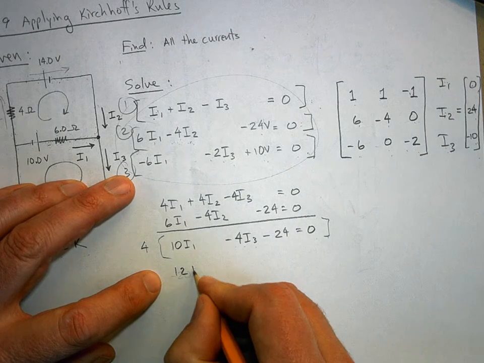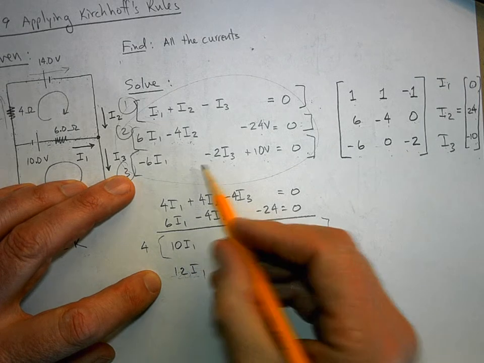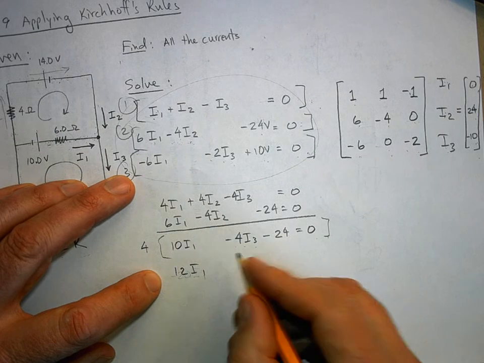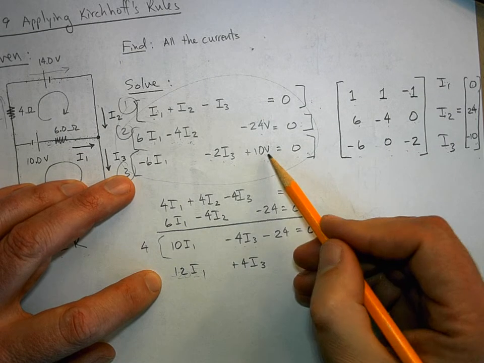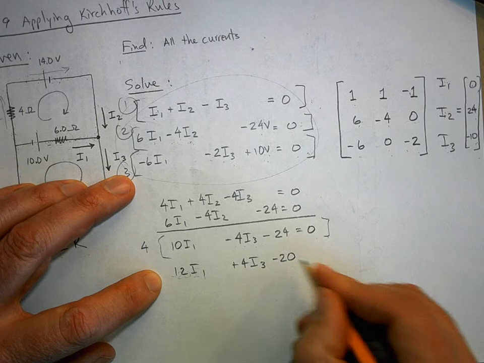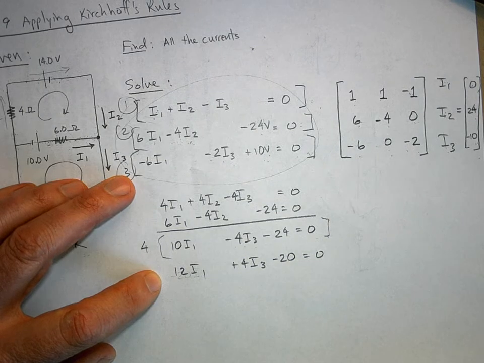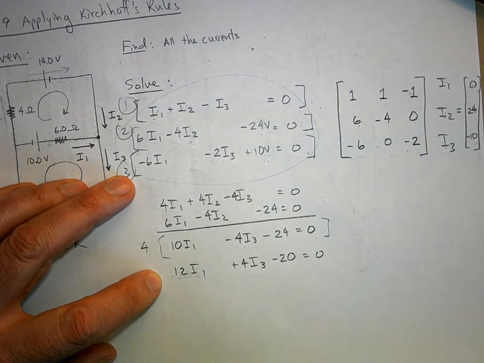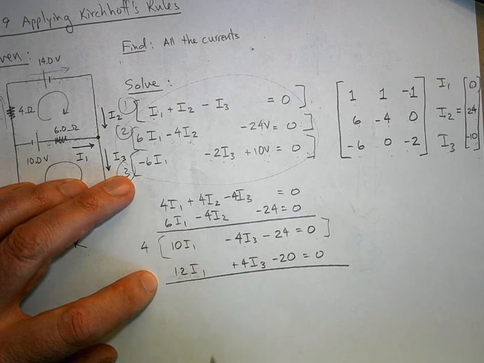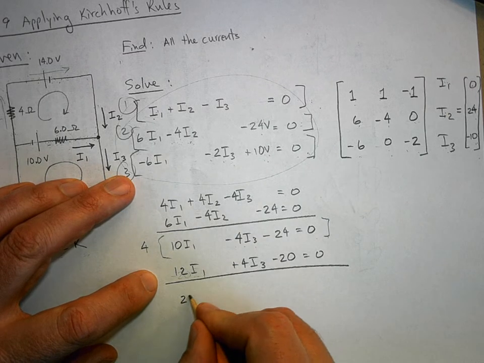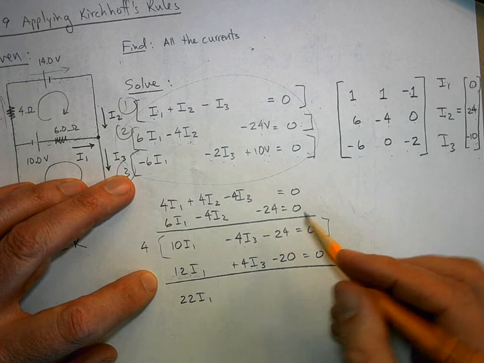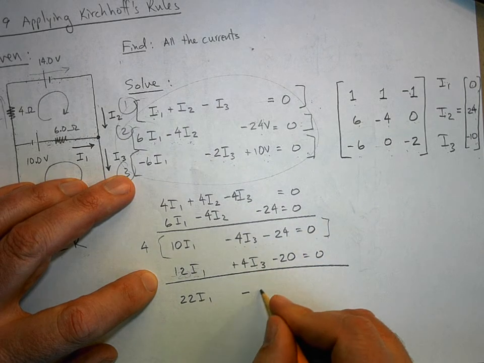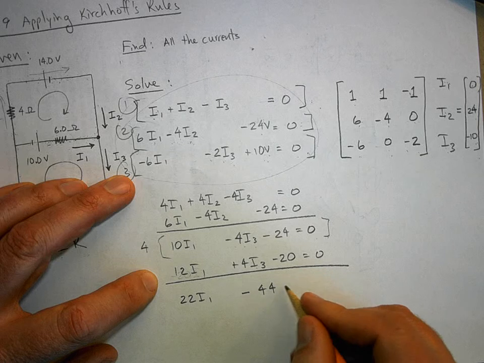Is that right? And then negative 2 times negative 2 is 4I3. And then negative 2 times 10 is negative 20 equals 0. Did I do that right? Yeah, and please help me out here. All right, and then I'm going to add these two together. So I get 22I1. I've eliminated I3. I've got negative 44 equals 0.